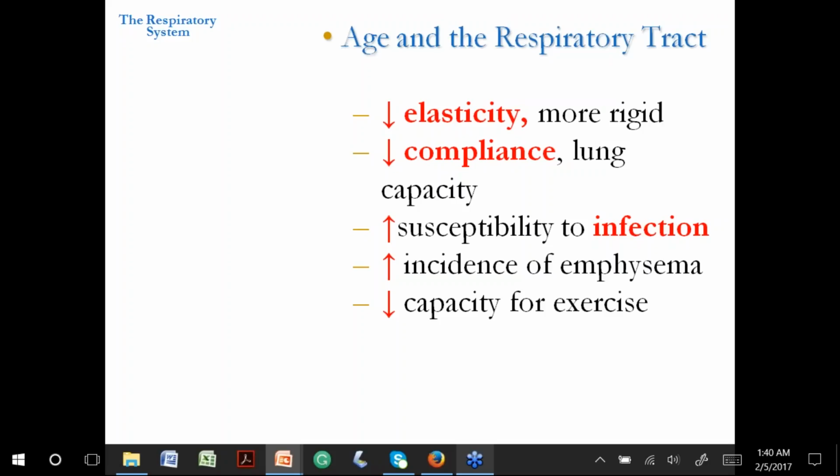Let's imagine that they make a balloon that is hard material, it's not that easy, right? So the balloon is the lung, so it cannot expand. So that is the compliance. With time, the compliance of the lung is going to decrease. So that is the ability to expand through the pressure of the inhaled air.